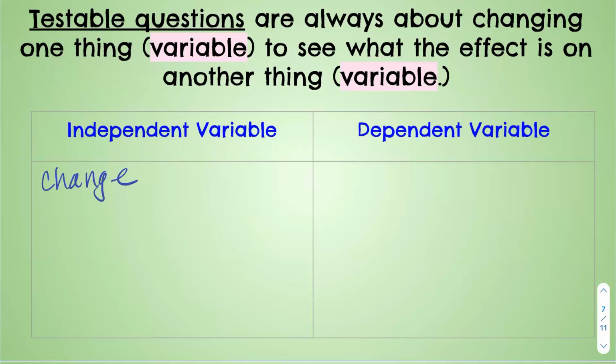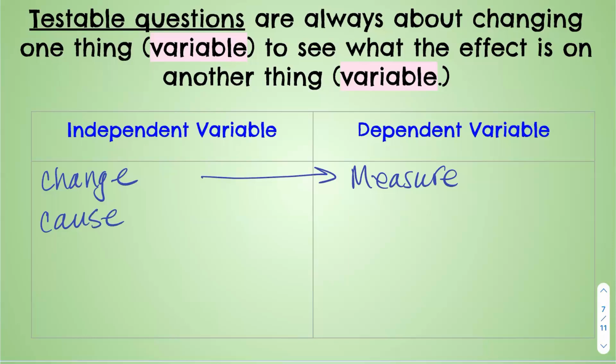And when you change that thing, you measure the outcome. So the independent variable is what you change, and the dependent variable is the thing that you measure. Another way to say that is that the independent variable is the cause, and the dependent variable is the effect.